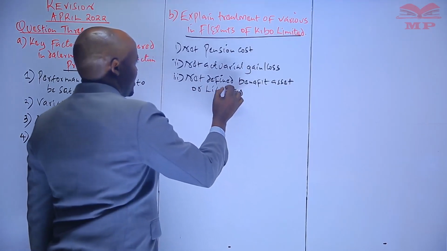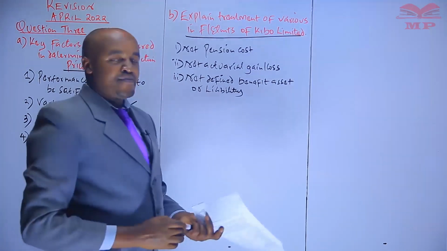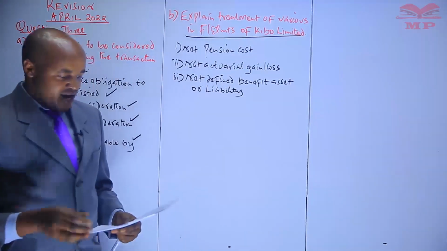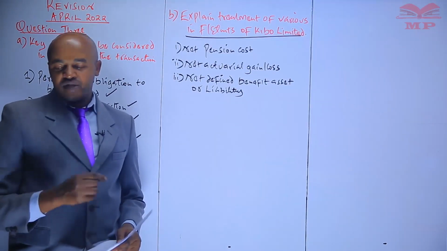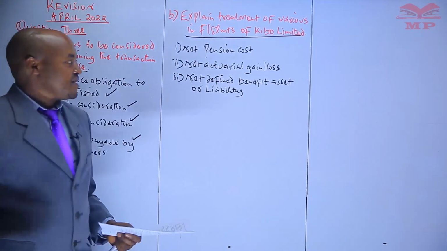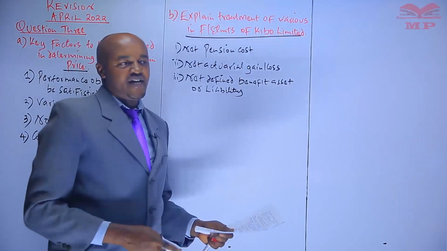So these are the three items which a company operating a defined benefit scheme should be able to compute and account for in the financial statement at the end of the year.